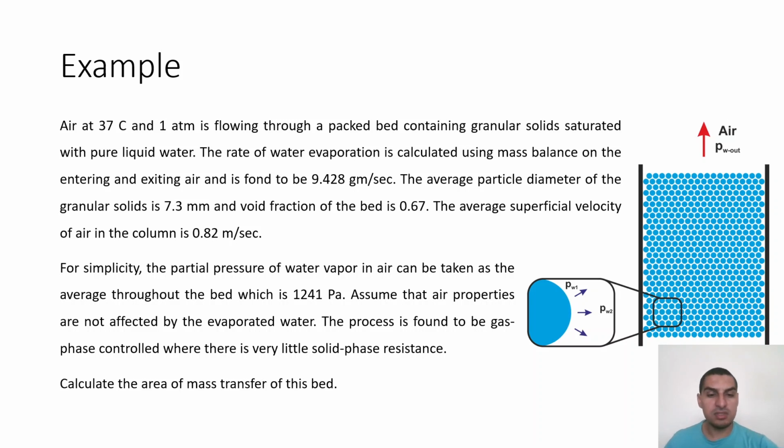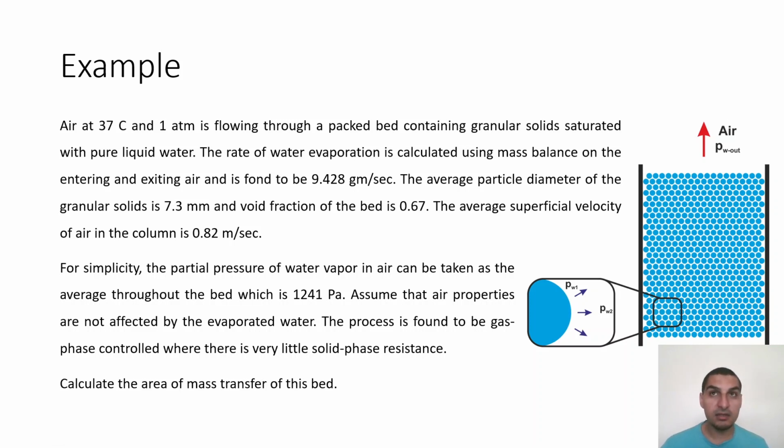We said that the process is gas phase controlled and there is very little solid phase resistance. So these are all known information, or information that we have just mentioned before. We need to calculate the area of mass transfer in the bed, the area that this bed provides for us. Before we proceed, we have to have an idea what steps we shall follow.